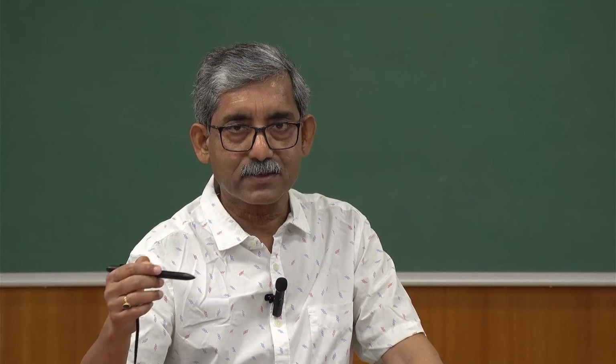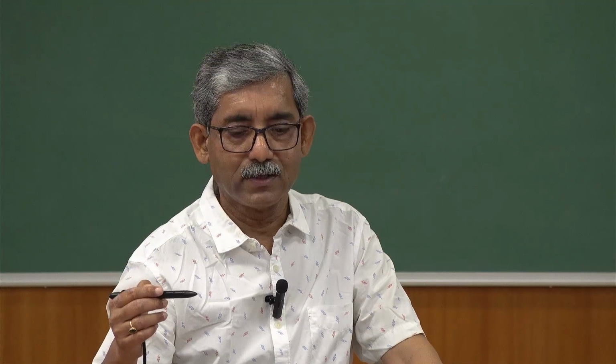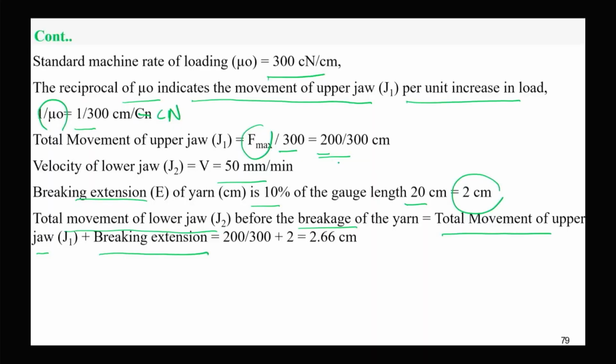So what we have calculated, the total movement of the upper jaw is 200 by 300 and the breaking extension of the yarn is 2 centimeter. If we add, it will become 2.66 centimeter. That is the total movement of the lower jaw.